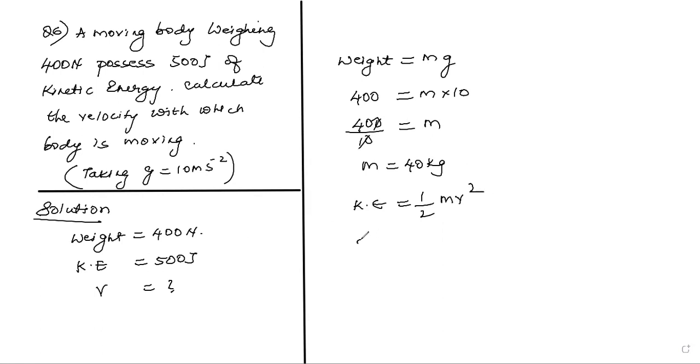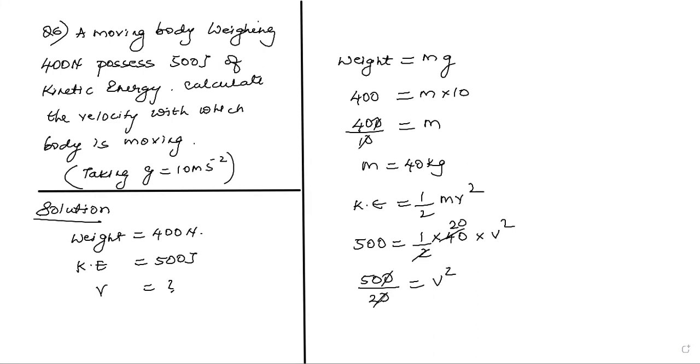So what is kinetic energy? 500 is equal to half into 40 into v square. Half of 40 is 20, so 500 upon 20 is equal to v square.